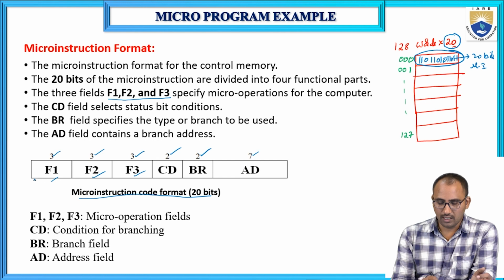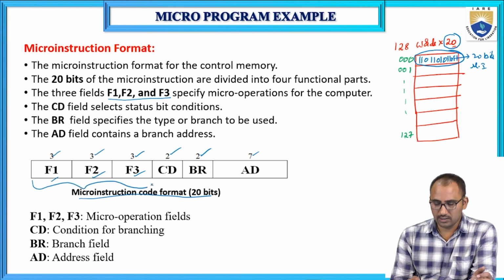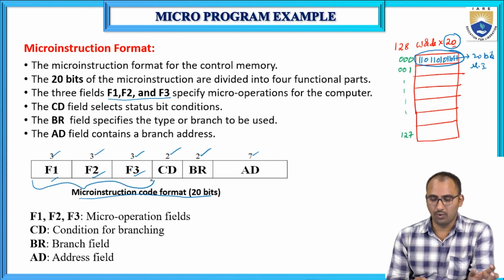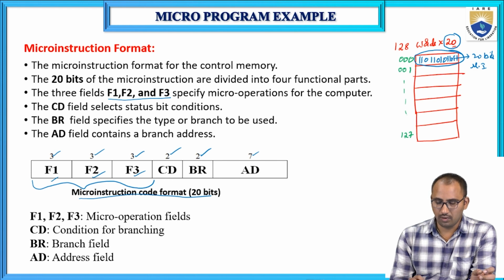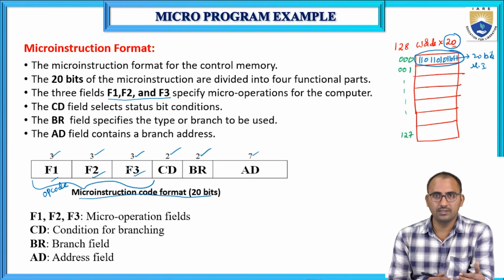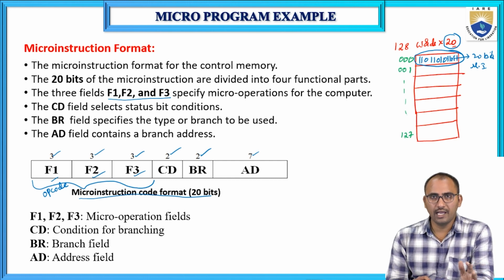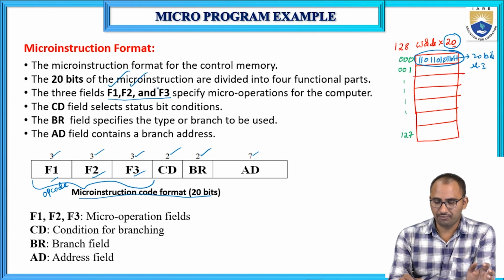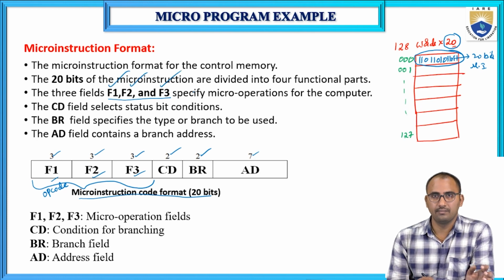This is the micro opcode field. In total these 9 bits represent the opcode field. These 9 bits we divide into 3 fields, F1, F2, F3.